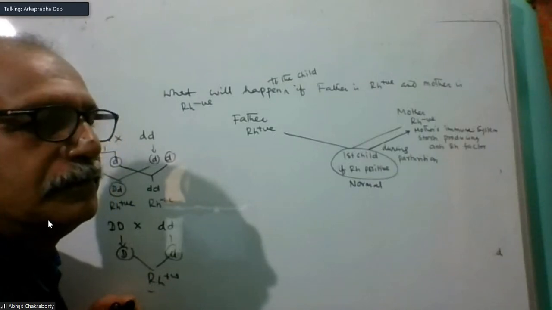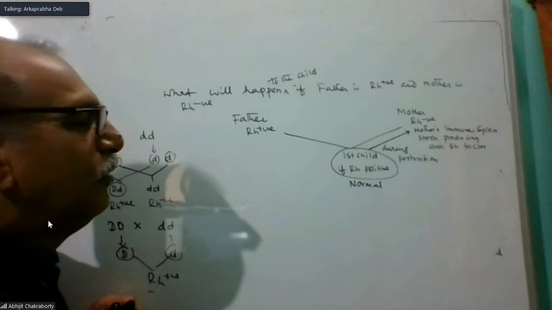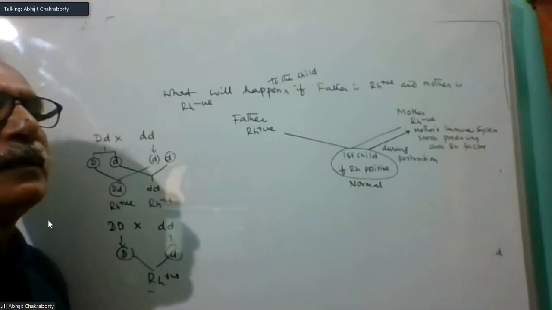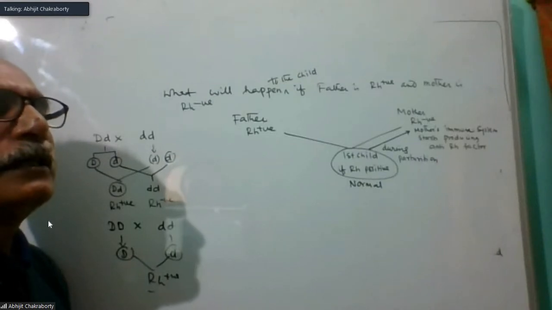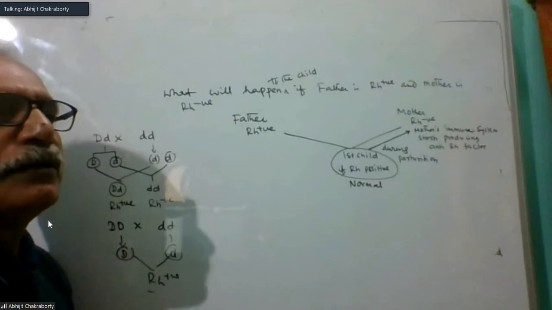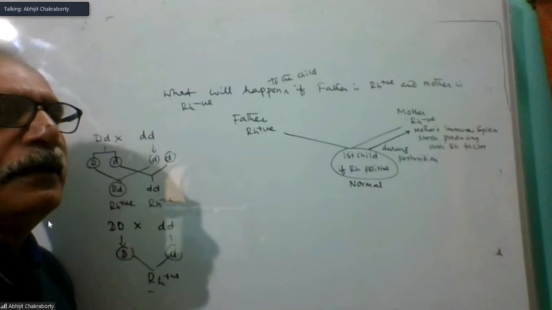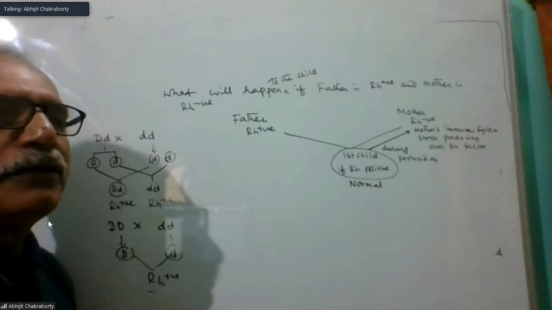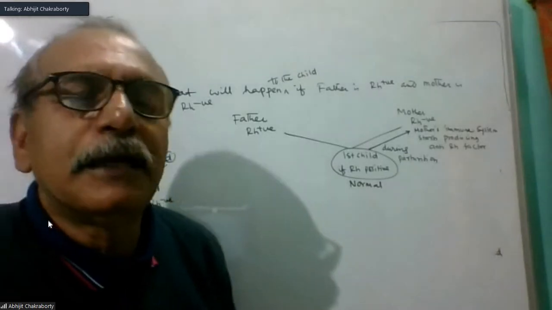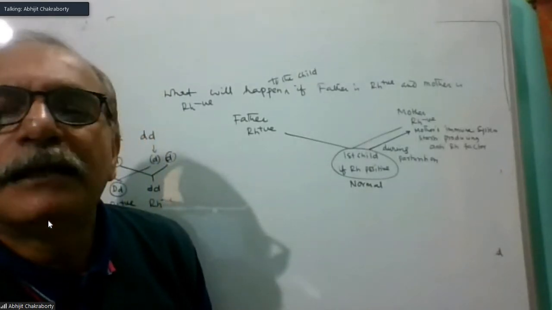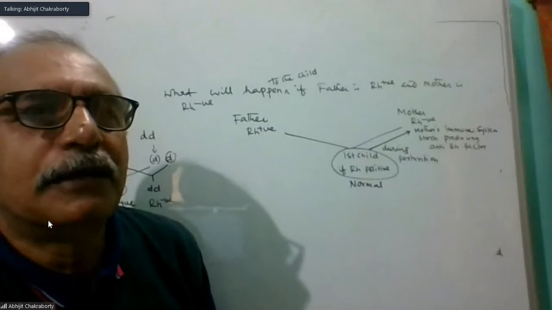Look, one thing: at the time of parturition, meaning childbirth, whenever the mother's pituitary starts secreting oxytocin, vigorous contraction of the uterine wall takes place. At one time, the membrane covering the fetus, called the amniotic membrane, gets ruptured. As soon as the amniotic membrane ruptures, the mother's blood comes in contact with the fetal blood.